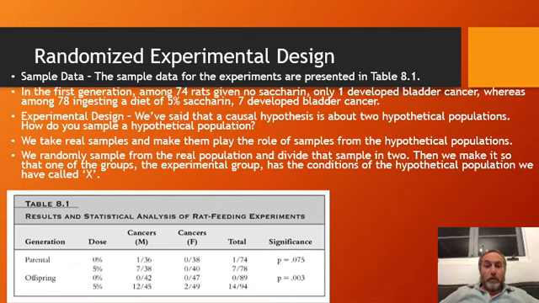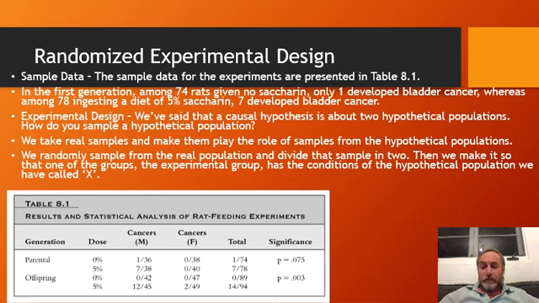So, experimental design. As we've said, a causal hypothesis is actually about two hypothetical populations. It says you take the population U and ask, what if in one world they all got the causal factor, and in another world none of them did? So how do we replicate that hypothetical situation in real life?